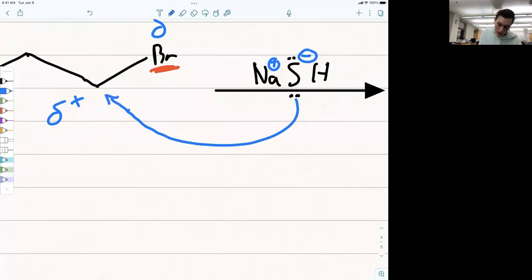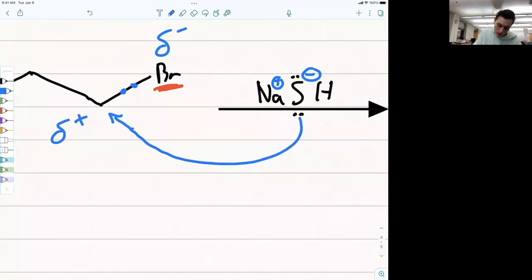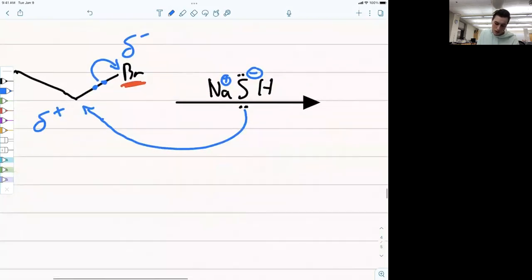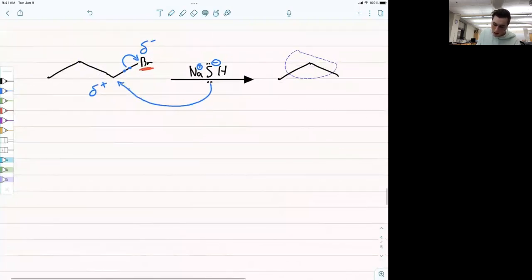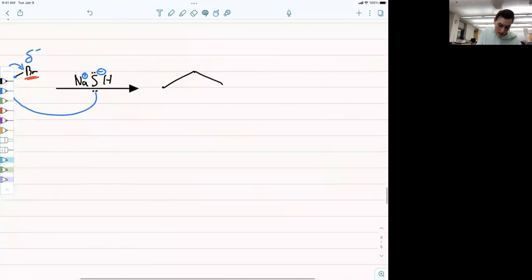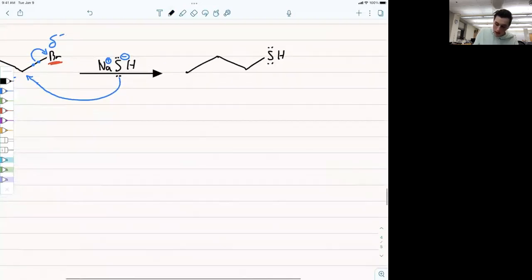It's going to attach here, and then my electrons in this bromine bond are going to break off, and then I'll get my product without that bromine bond, but with a new bond that is just SH. So up here, SH. Half the time you won't have to add this, but in case she specifically asks for it, you can write NaBr on the side. And then this is a full valence shell.